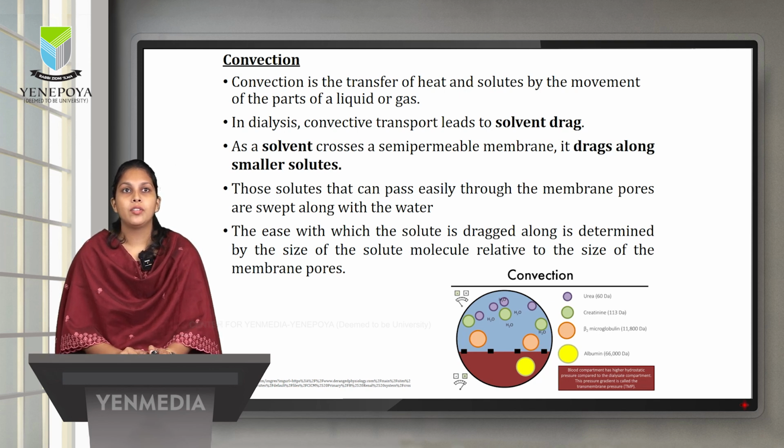As a solvent crosses a semi-permeable membrane, it drags along smaller solutes. Those solutes that can pass easily through the membrane pores are swept along with the water. The ease with which the solute is dragged along is determined by the size of the solute molecules relative to the size of the membrane pores.